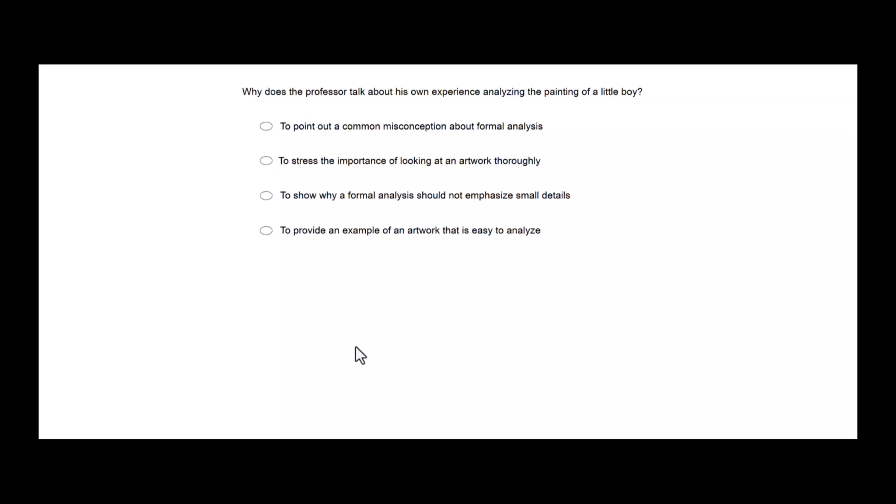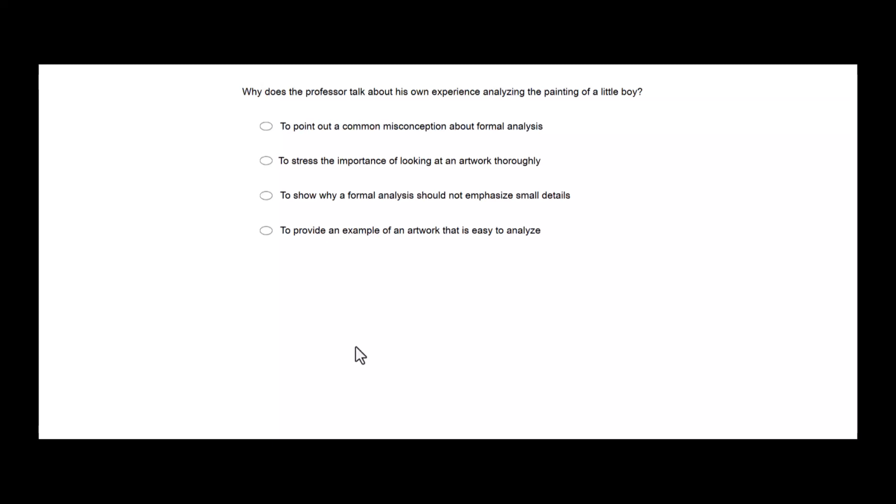Option 3, to show why a formal analysis should not emphasize small details. This is the other way around of what the professor emphasized in the lecture. If you listen again to the lecture, you will see that the professor emphasizes the details, the design elements, and their hidden meanings. Therefore, we reject this option.